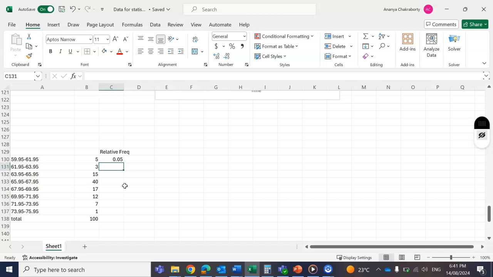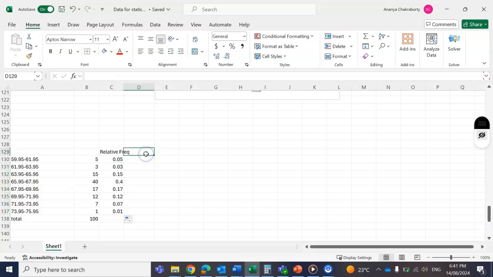Then again, current value divided by the total value, which is 100, and so on. We can calculate all the values. We can just drag this one till the end and it will calculate for all.